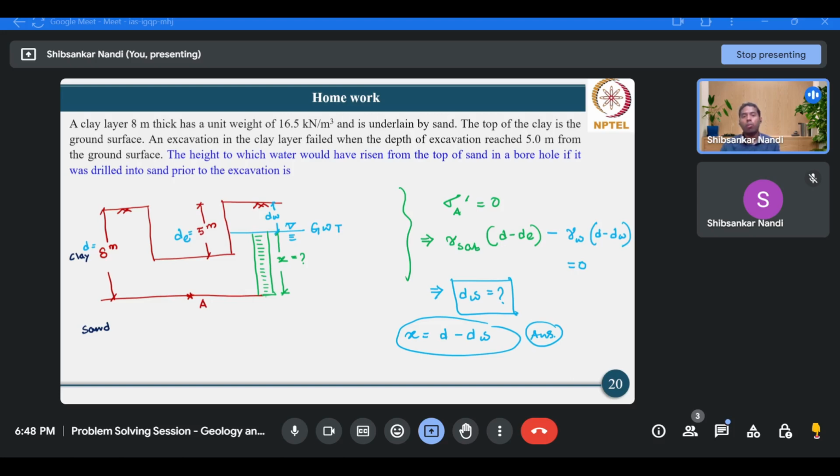Now we have to calculate the height to which water would have risen from the top of the sand in a borehole if it was drilled into sand prior to the excavation. That means indirectly we have to first locate the groundwater table, and then address this question. So this is all for today's session.